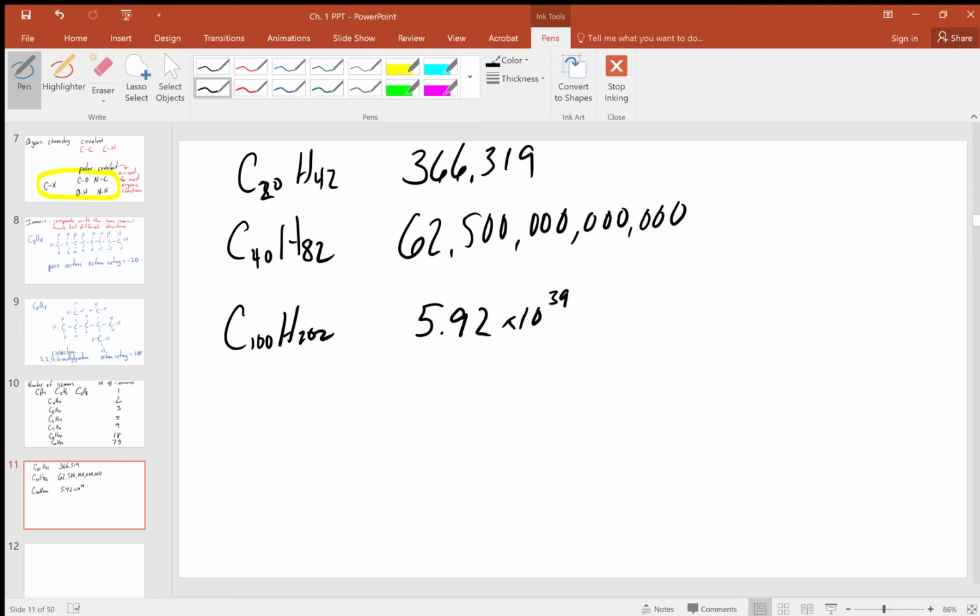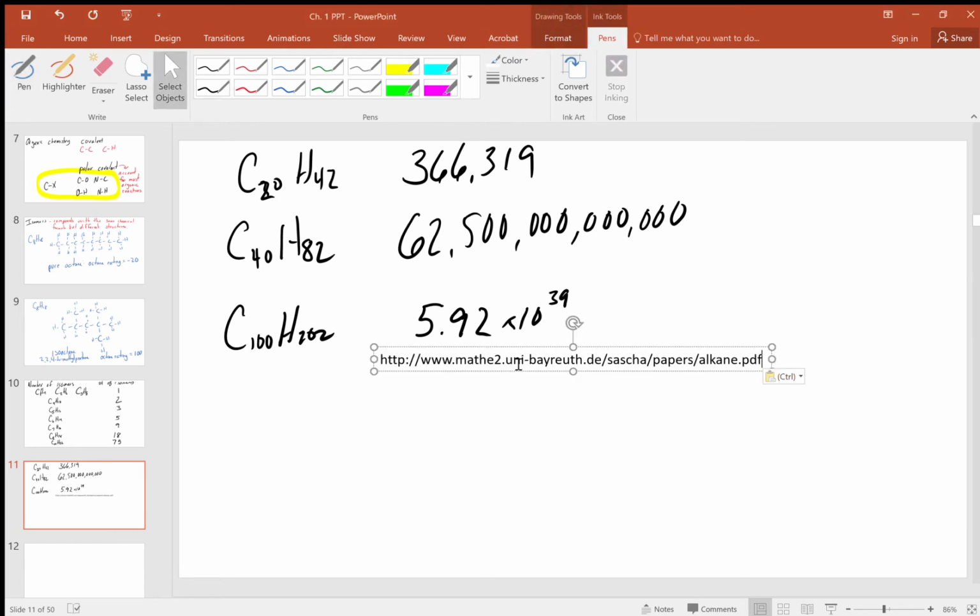Now, how was this determined? Obviously, you couldn't draw all these out. So it turns out that someone went through and figured out how to calculate all of these. I'll paste the link in here if you're interested.